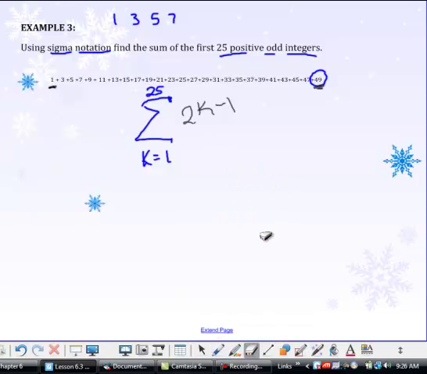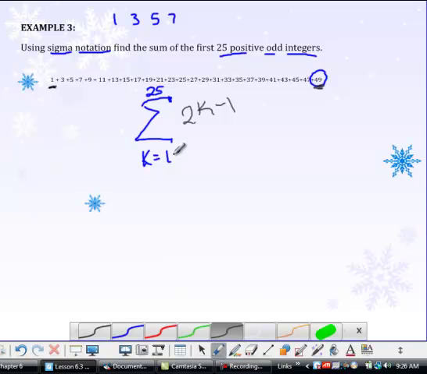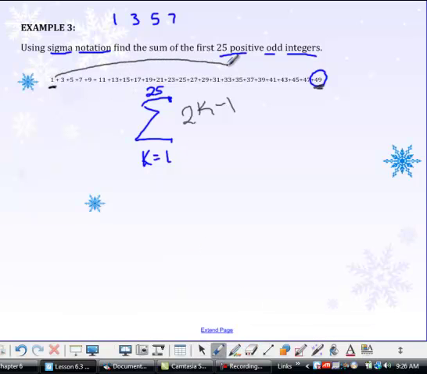All right, so let's start adding up. Let's do Gauss again. What's 1 plus 49? 50! And how many pairs of numbers are going to add up to 50?